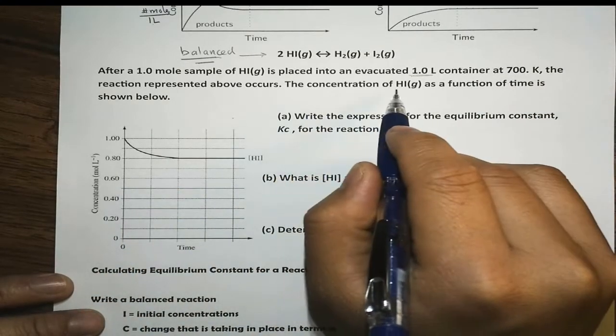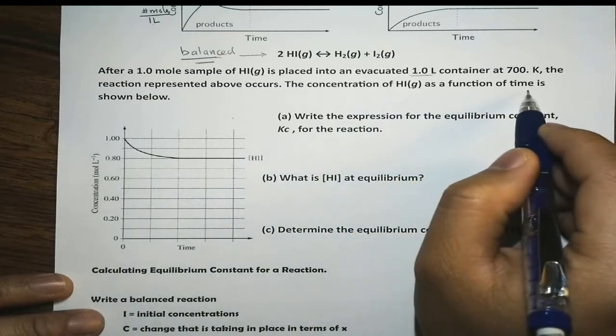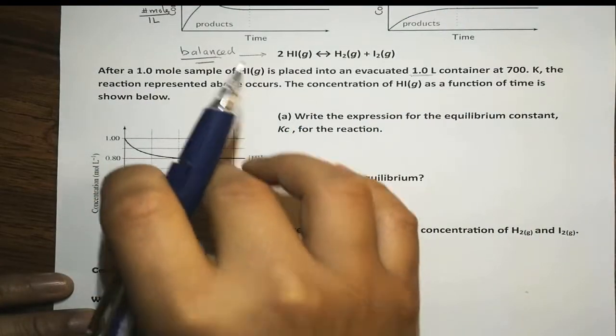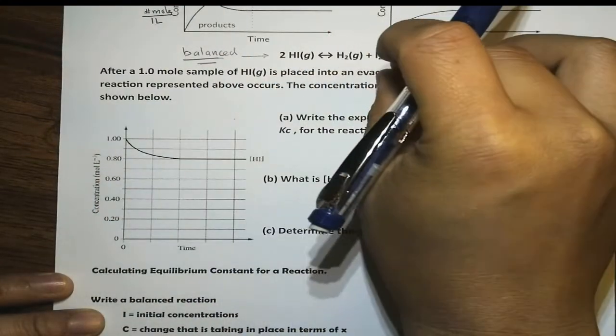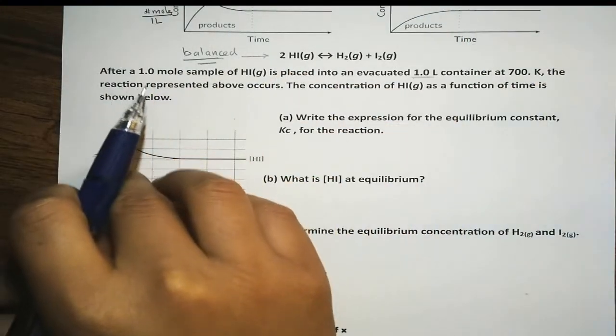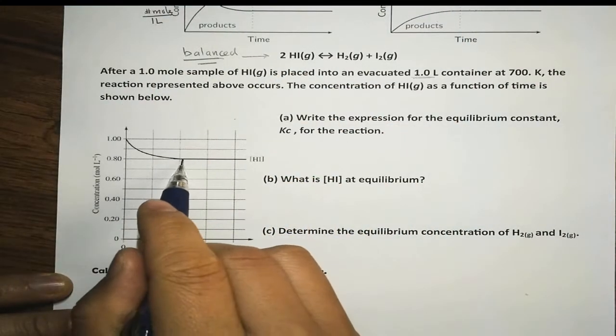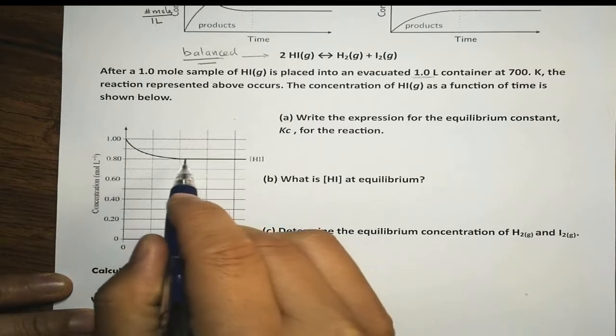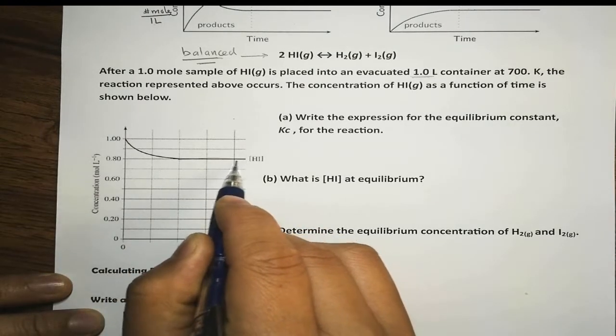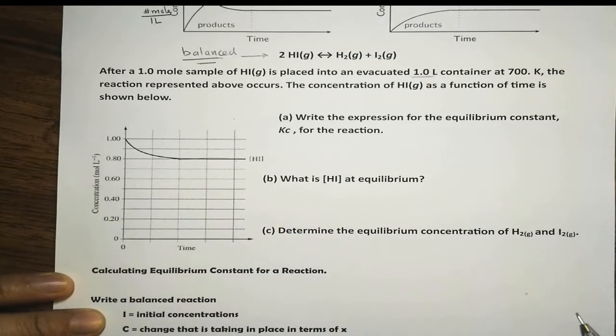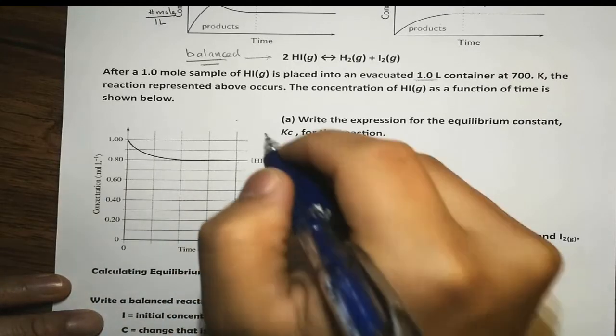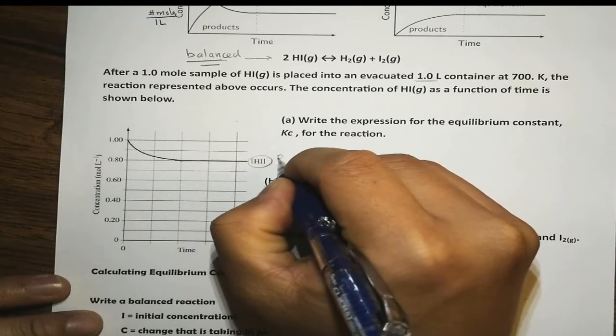Now, the concentration of HI as a function of time is shown below. So this here is a graph that represents this reaction, and it is going to be at equilibrium at this point right there. You see how HI does not change in terms of concentration. But what is HI? Of course, this is your reactant right there.